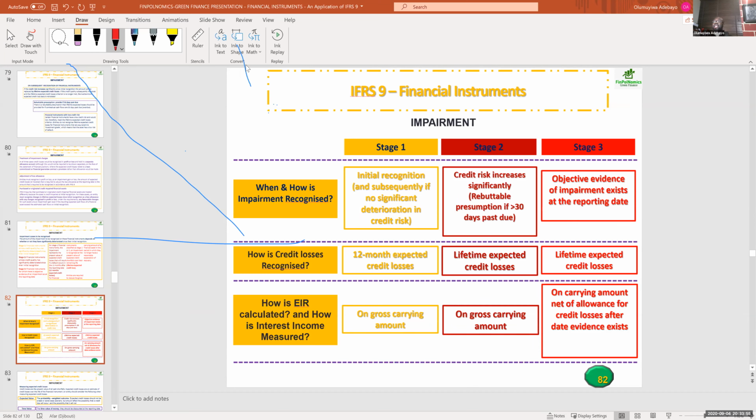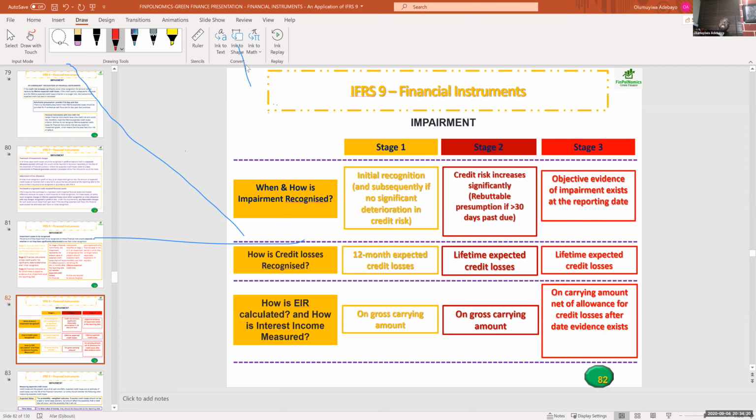Okay, another thing we need to also know is this. If there's an objective evidence that there's a loss event, which we have discussed earlier, it then moves to stage 3. Which means it's only when there's a loss event that you classify from either stage 1 or stage 2 to stage 3.